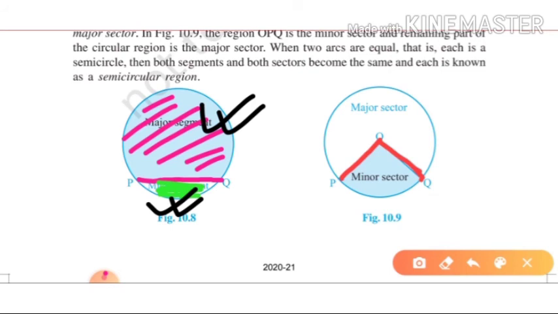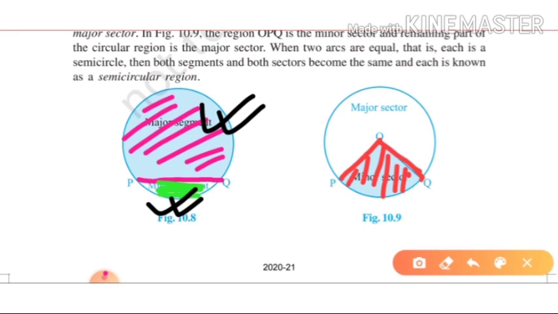When we take the part of the circle made by these two radii, it forms this area. This is a sector. POQ is a sector, and on the other side you also have POQ as another sector which is bigger than this.